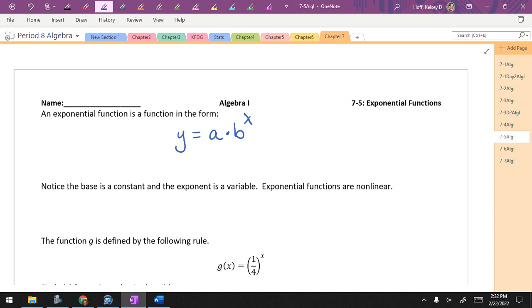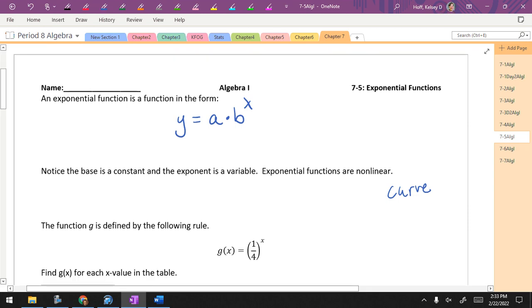In order to write this, we're going to replace a and b with the appropriate numbers. So your base is constant, but your exponent is a variable. Exponential functions are nonlinear, not a line. They are a curve. Remember, functions are linear if they have a constant rate of change. I don't have a constant rate of change here.